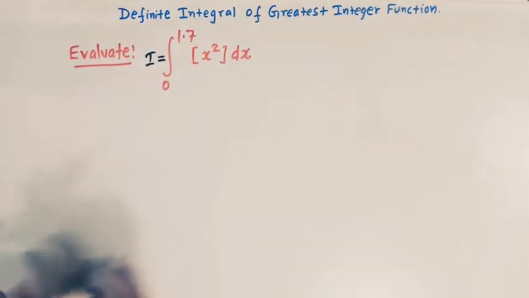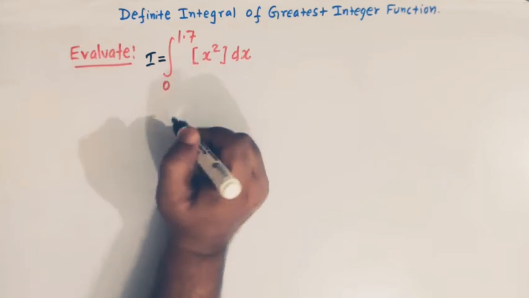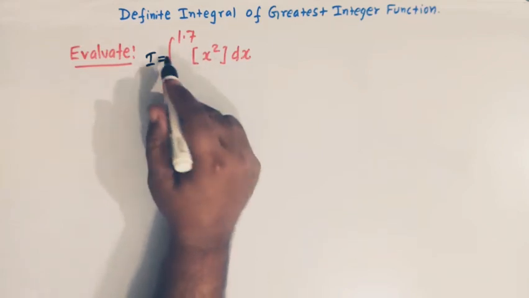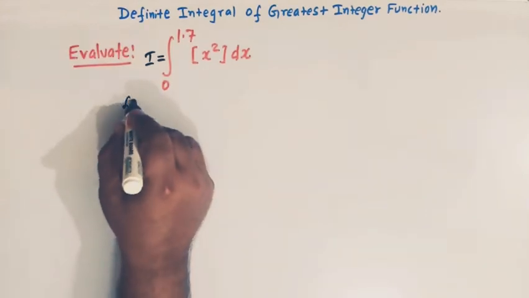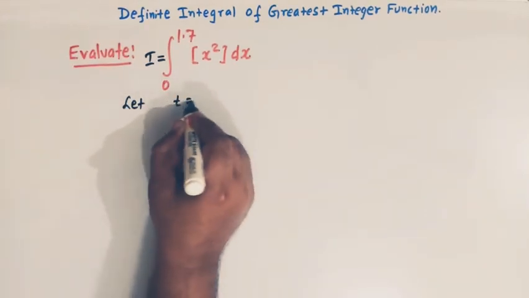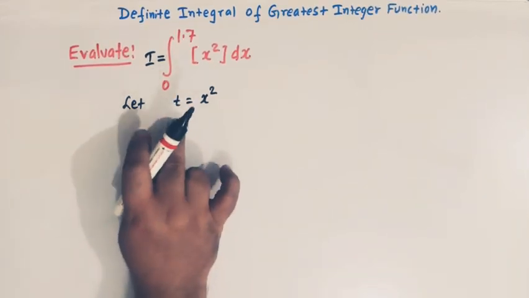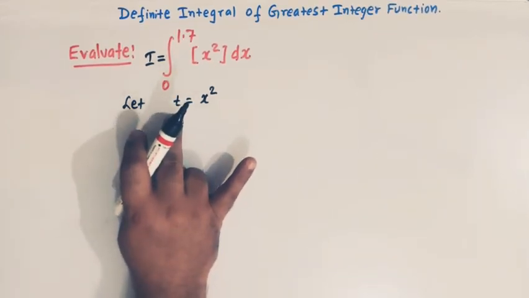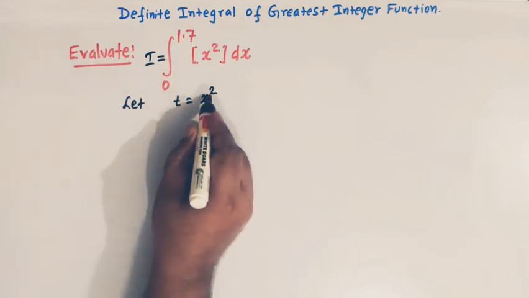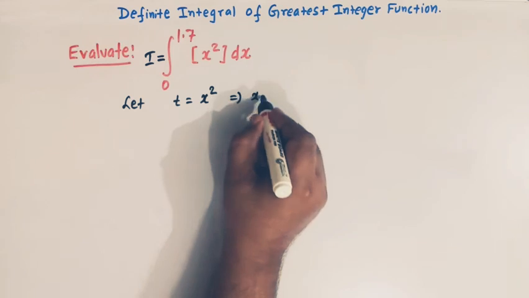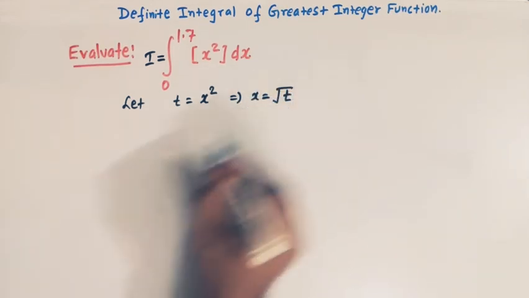Now here we can use the substitution method to evaluate this integral, right? So let us substitute t is equal to x square, right? So here we are introducing the new variable t. Now when t is equal to x square, this means x is equal to square root of t, right?